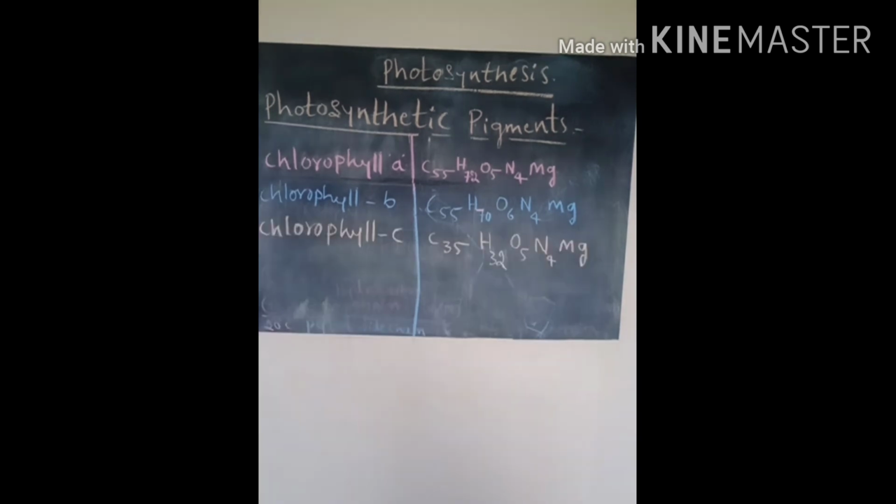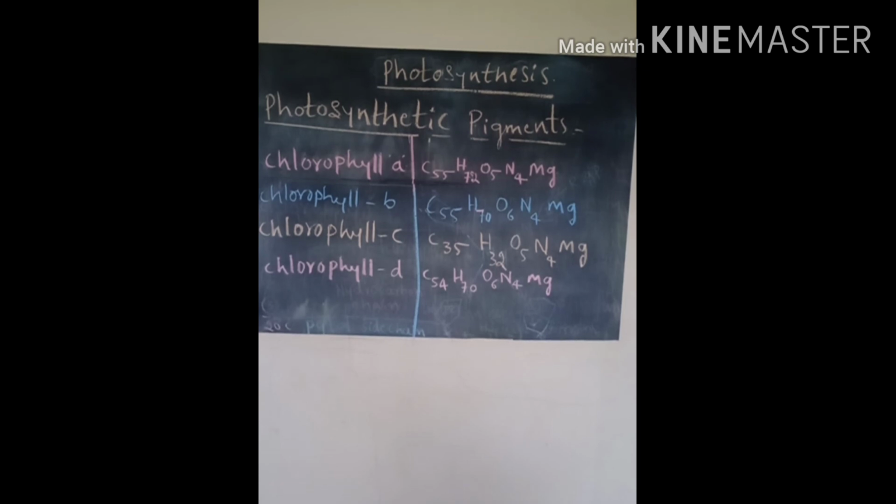Next, the molecular formula of chlorophyll C molecule is C35H32O5N4Mg. So this is the molecular formula of chlorophyll C. Next, chlorophyll D molecule includes the molecular formula C55H70O6N4Mg. So this is the molecular formula of chlorophyll D molecule.